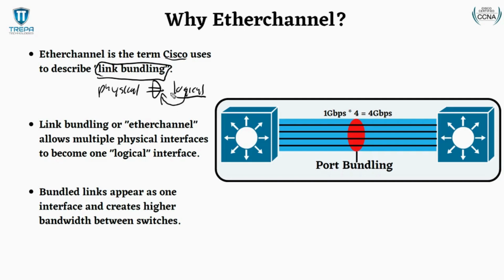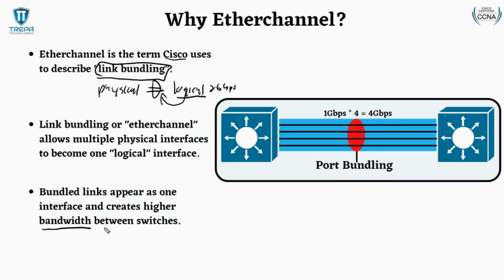So we can turn 2 gigabit links into a logical 2 gigabit link. Link bundling allows multiple physical interfaces to become one logical interface. These bundled links appear as one interface and create higher bandwidth between switches.